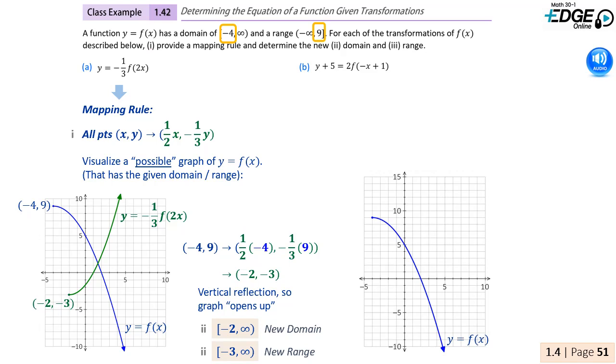Let's now look at part B, which again has multiple transformations. One of the first things you'll want to do if given a transformed equation is make sure that it is rewritten or properly written in the format that makes most obvious to you what the parameter values are.